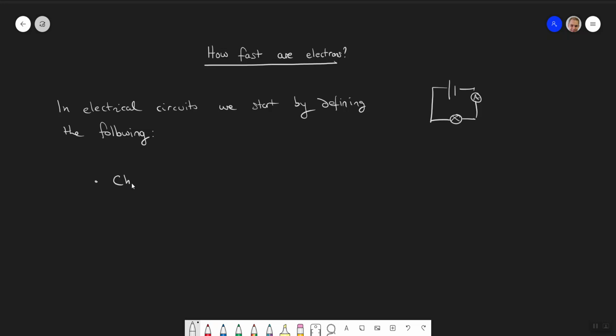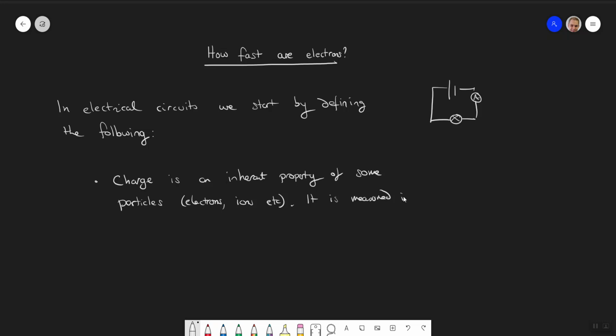Charge is an inherent property of some particles, things like electrons, ions, etc. It is measured in coulombs and has the symbol Q.